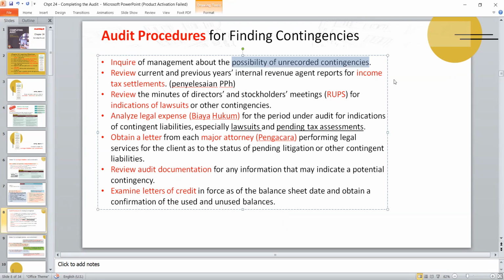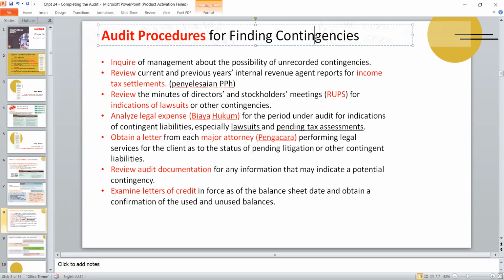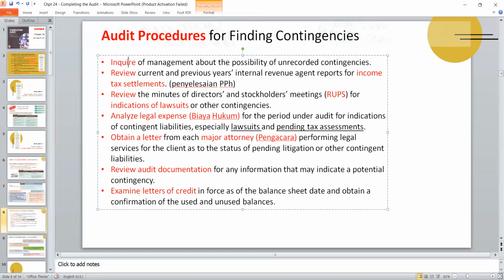Oh yeah, one thing: the management has the list of contingent liabilities, and of course, this kind of information needs to be told to the auditor. That's why the auditor needs to inquire whether there is any possibility of contingency. Okay, that's the first one.